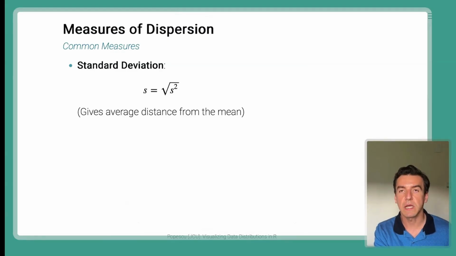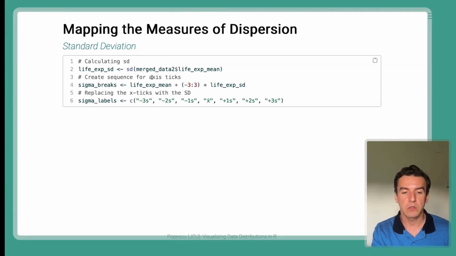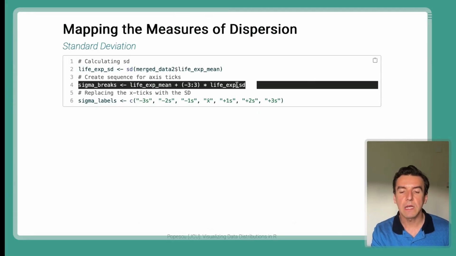So standard deviation is the square root of the variance. This is what this sign represents. So this gives us the average distance of our data from the mean. To calculate a standard deviation, we're simply doing this. So the data frame and then the variable that we're interested in. And then here, I am creating something specific for the graph itself.